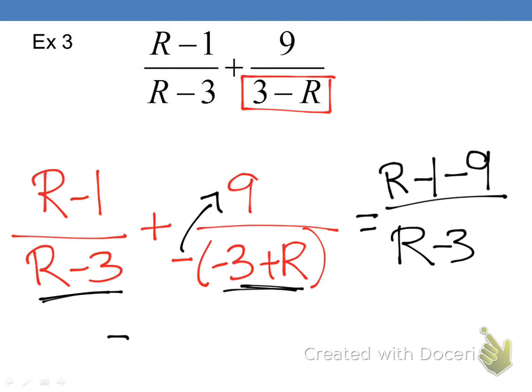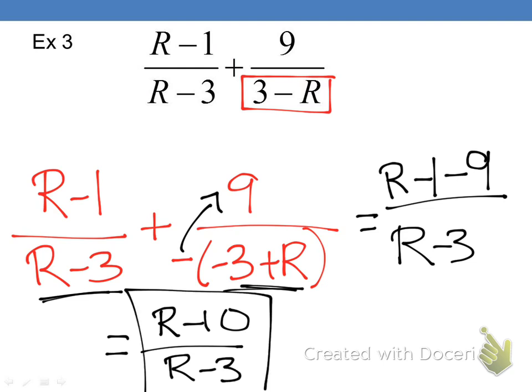What is r minus 1 minus 9? R minus 10 over r minus 3. That one was kind of tricky. Any questions? Does it make sense to factor out the negative and then just put it up top? Okay.